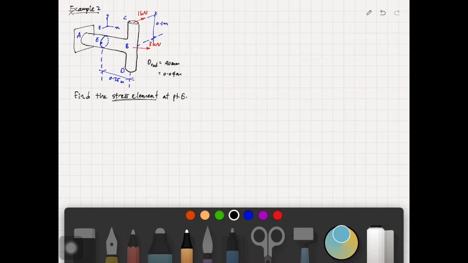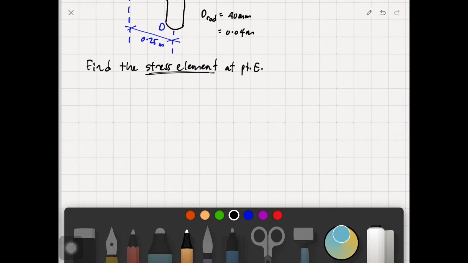The question asks, find the stress element at point E. At point E, I'm going to begin with, of course, the free body diagram, right? Free body diagram for the question, and I would like to take this point here. It is a cross section of that rod, right?